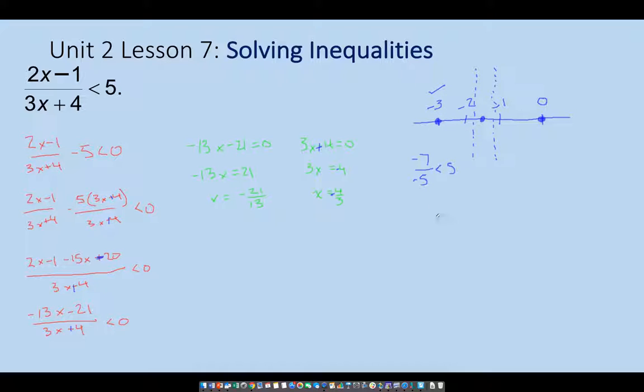This works out. All right, if I plug in negative 1.5, well, 2 times negative 1.5 is going to be negative 3 minus 1, which is negative 4. And then if I plug in negative 1.5 here, I'm going to get negative 1/2.